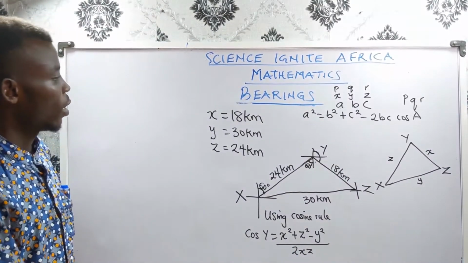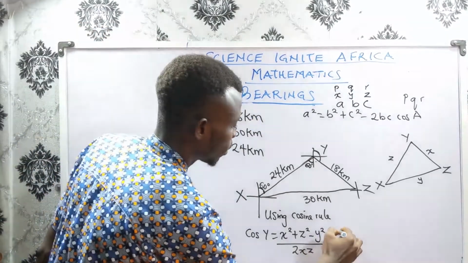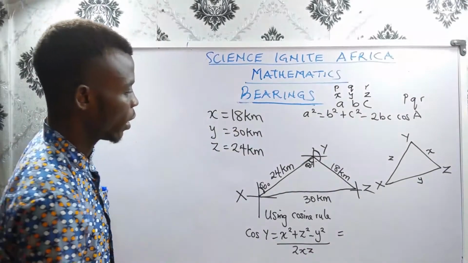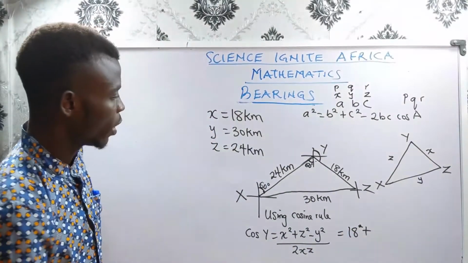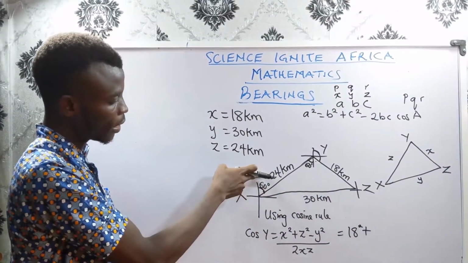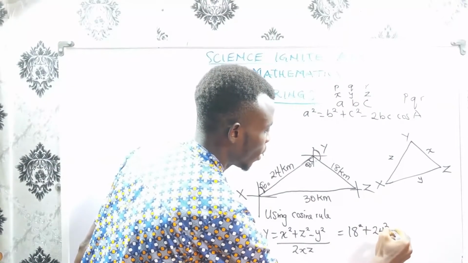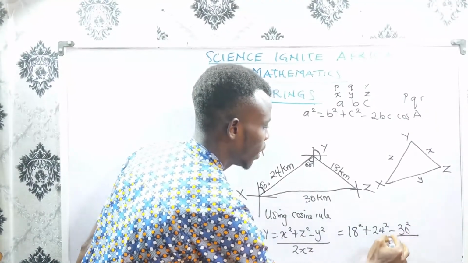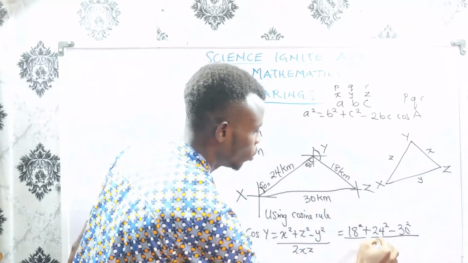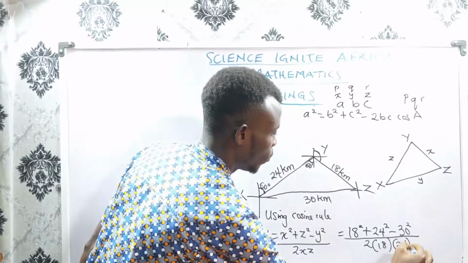These are the parameters we are to use. Then we have cos y. What's our x square? That is 18 square, plus z square, the small letter z facing here, which I already wrote out as 24 square, minus 30 square, divided by 2 into 18 into 24.